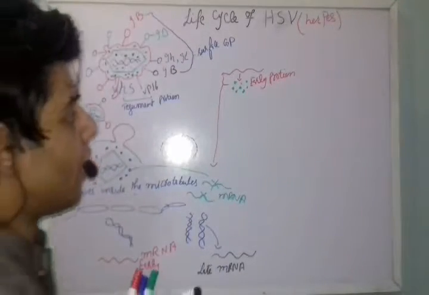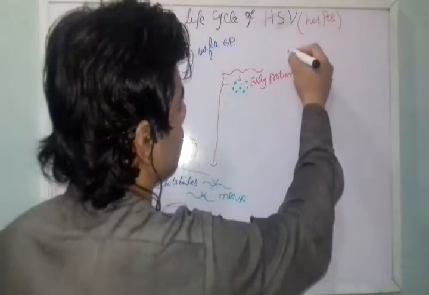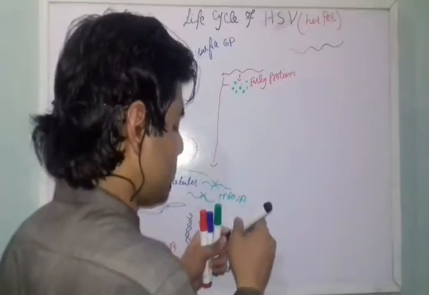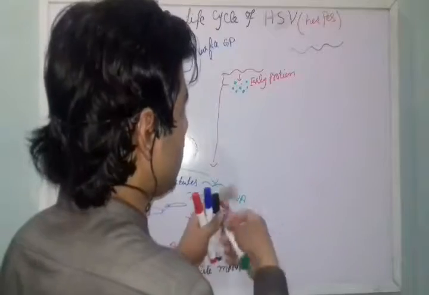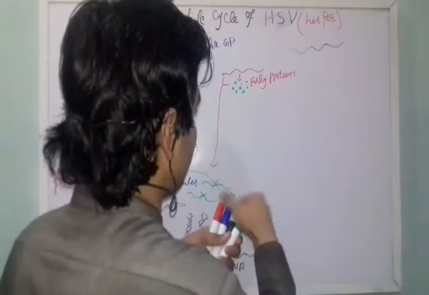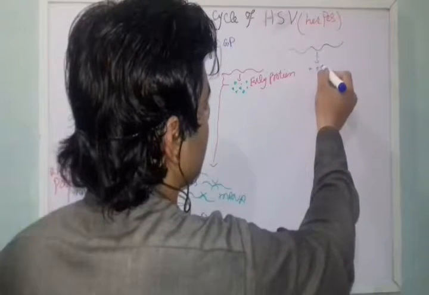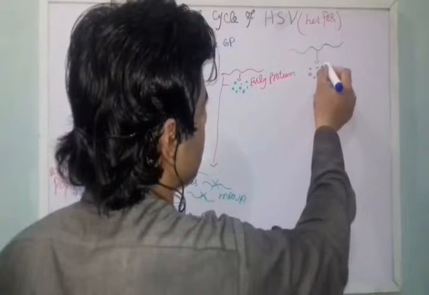This late mRNA is again released out from the host nucleus and produces the structural proteins. Now these blue ones represent the structural proteins.